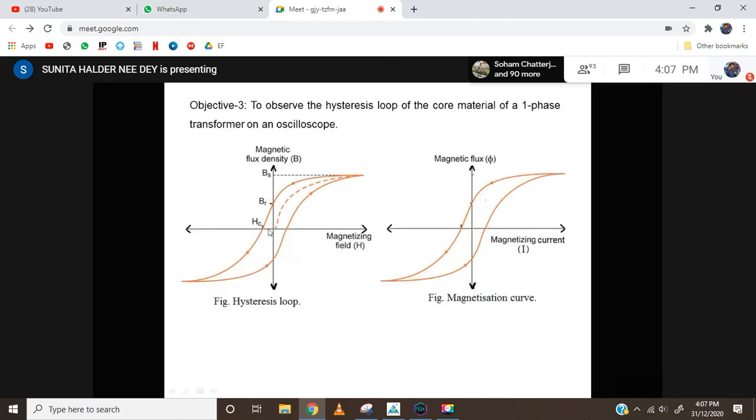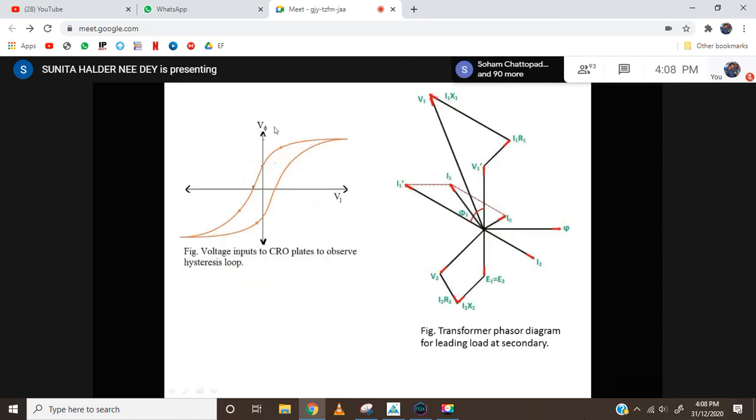If we want to observe this on an oscilloscope, then we have to put some voltage proportional to phi on the y-axis, and some voltage proportional to the magnetization current on the x-axis. Why voltage? Because the oscilloscope does not understand anything more than voltage. So we have to find out which voltages we have to get.